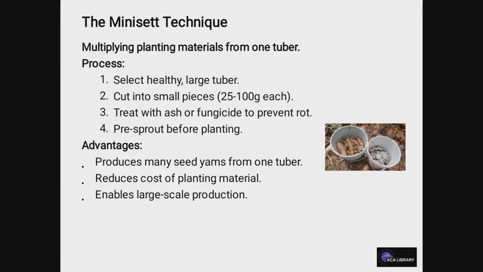Then let's look at the mini sets technique. This is multiplying planting material from one tuber. The process of mini sets is: one, you select a healthy large tuber, and then you cut it into small pieces, like 25 to 100 grams each, and you also treat with ashes or fungicide to prevent rot, and then you pre-sprout before planting.